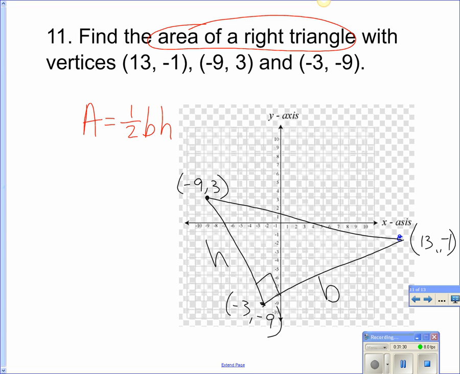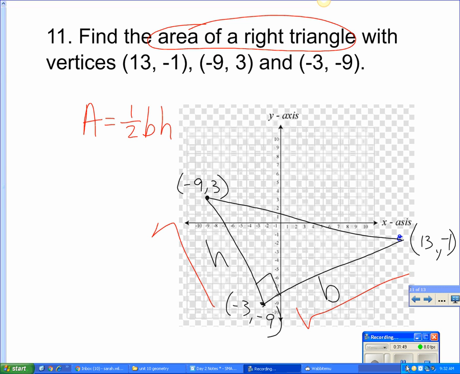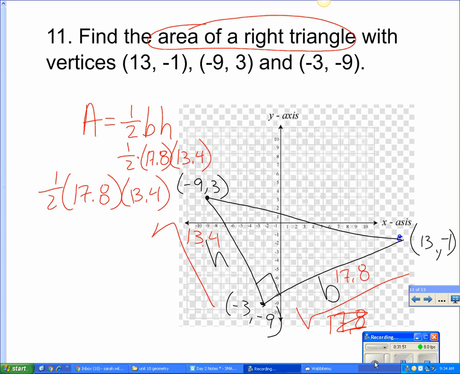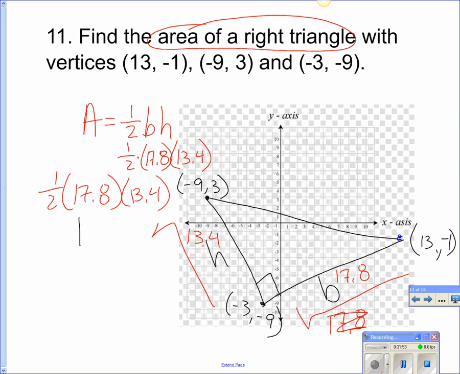Shakira, how am I going to figure out how long the height is and how long the base is? Good, the distance formula. So the square root formula. All right, go ahead and get your calculators going. Very good. So plug in the base and the height, multiply them, and you get 119 for your final answer.